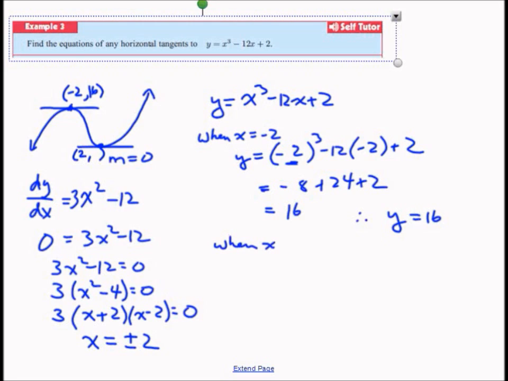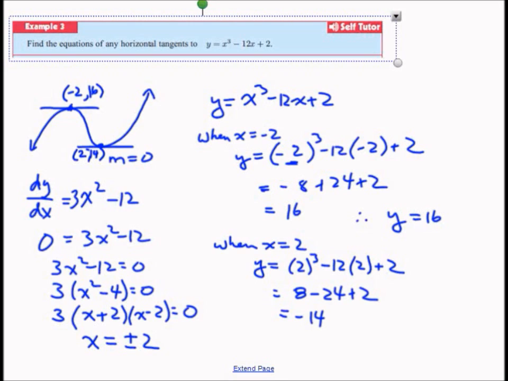When x is 2, y equals 2 cubed, subtract 12 times 2 plus 2, so 8, subtract 24 plus 2, negative 14. So that's the y-coordinate of that point, telling us that the equation of that line is y equals negative 14.